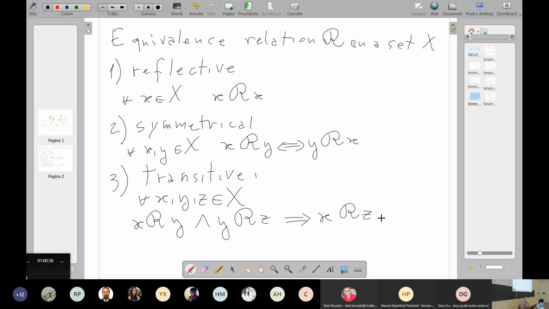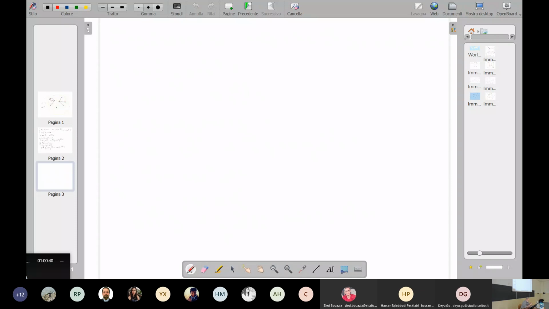An important thing about equivalence relations is what we call the quotient set, which is the set of equivalence classes.